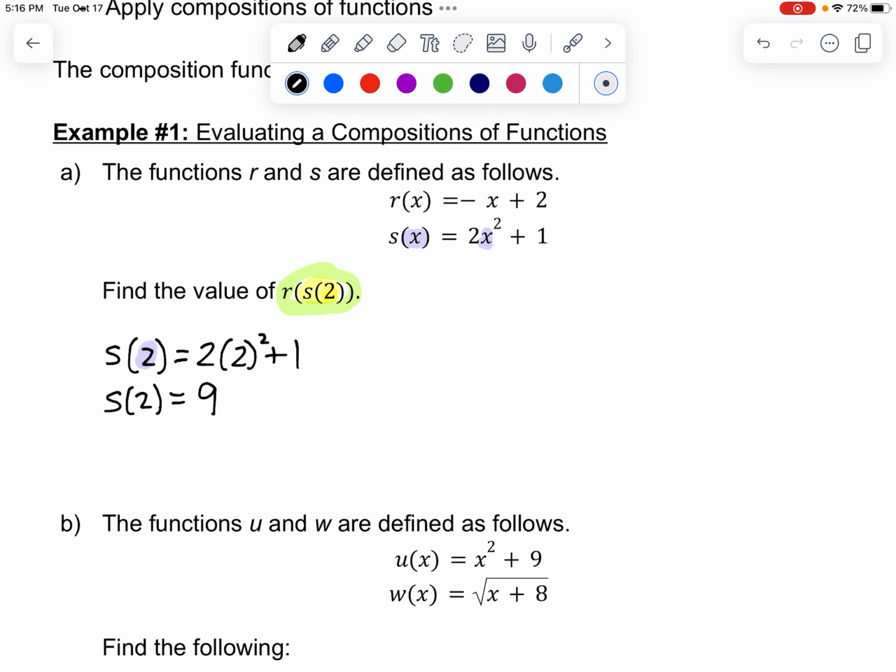Okay? So now, I found the output of s. This output of s is now going to become my input of r.